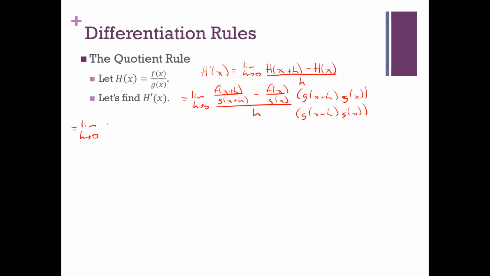So this numerator becomes f of x plus h, g of x, minus g of x plus h, f of x, all over h, g of x plus h, g of x. We good so far?